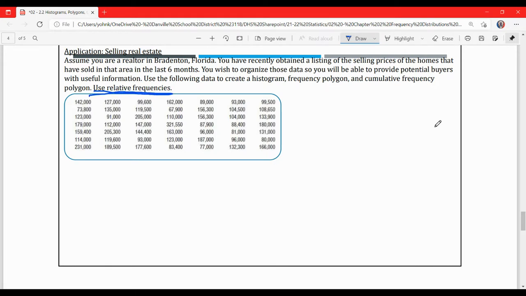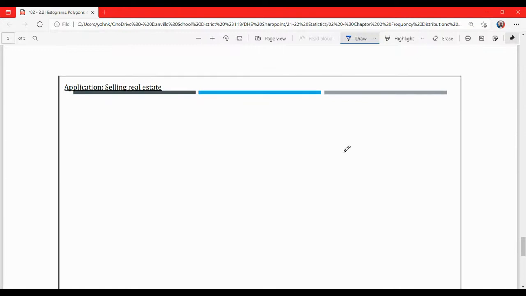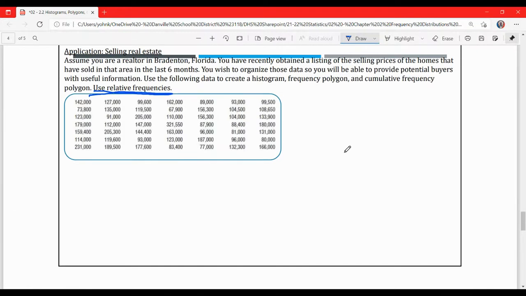Okay, so this page is mostly to be used for the frequency distribution. And then the next slide is blank. We're going to use that to draw the graphs. So first we need to come up with the classes. So we need the maximum, we need the minimum, we need the range, and that will help us find the width.